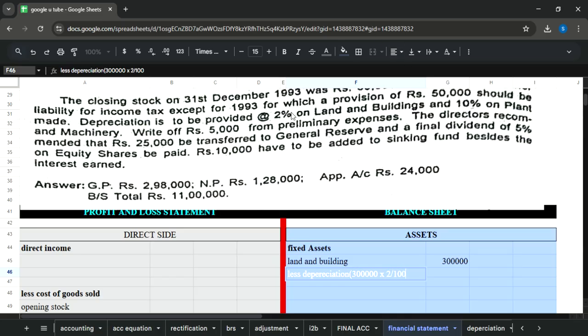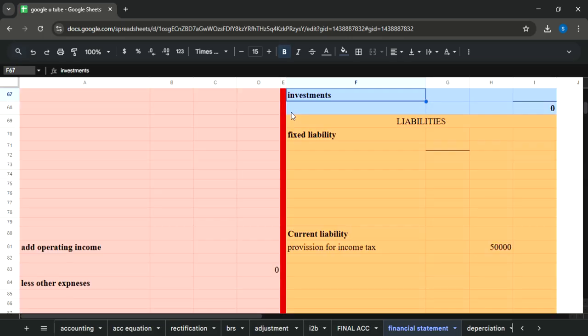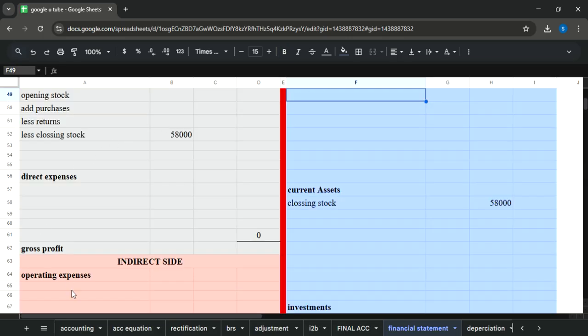So you will take 2%. Once again, what is 3 lakh? It is actually the amount of asset multiplied by 2 divided by 100. So we have got its depreciation. Now you will go to operating expense side. There you will mention depreciation.